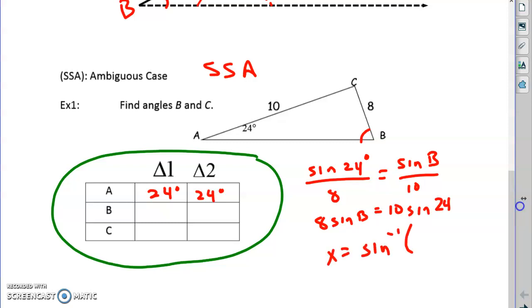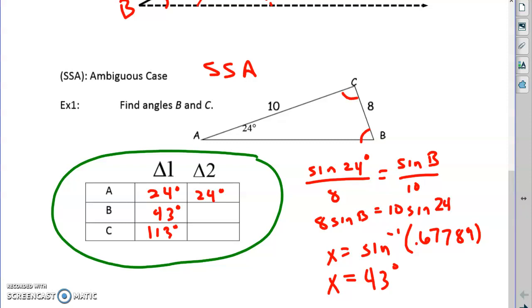Sine inverse of that decimal, 0.67789. So that angle X, or in this case angle B, is 43 degrees. Now what I would do is complete that triangle 1. 24 plus 43 plus what gives you 180? Angle C has to be 113 degrees. That would be this option right here where C is the bigger angle.